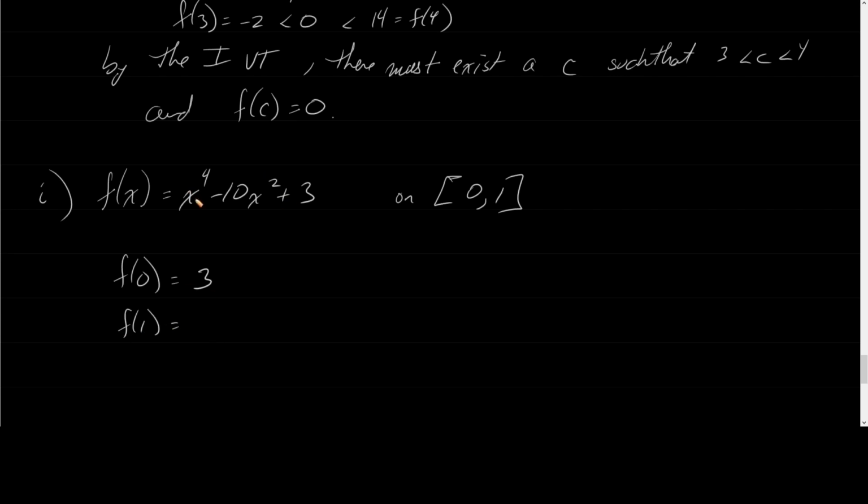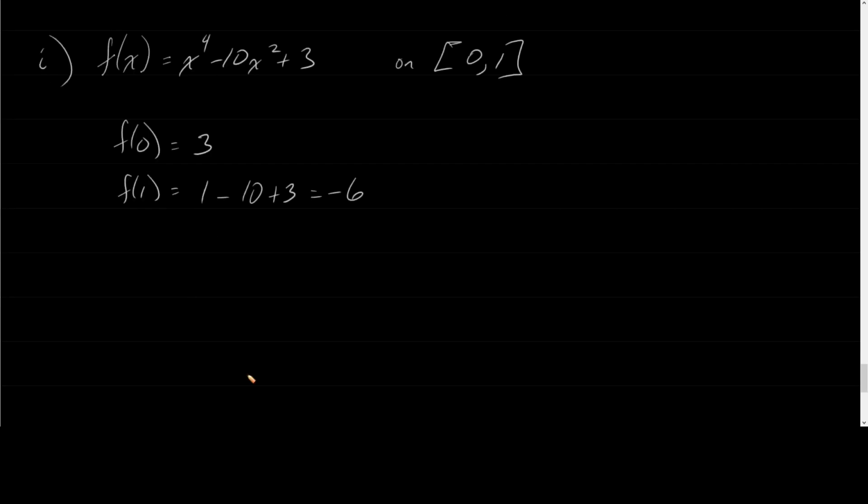Well, f of 1 would be 1 to the 4th, which is 1, minus 10 times 1 squared. 1 squared is 1, so minus 10, and then that plus 3. This gives us negative 6, right? 1 minus 10 is negative 9. Negative 9 plus 3 is negative 6. So what we can say now is that we can apply the intermediate value theorem.